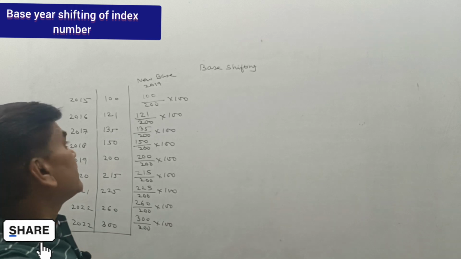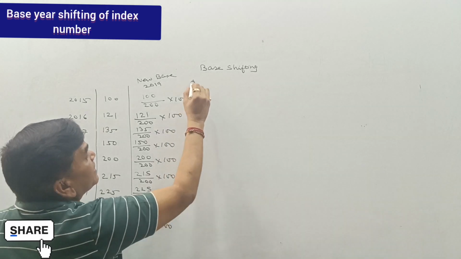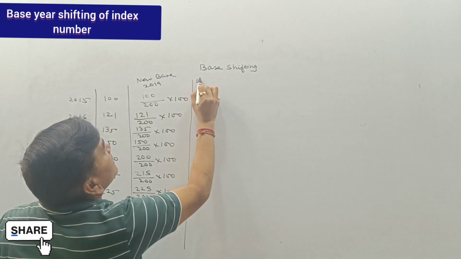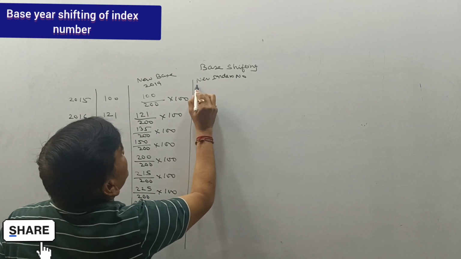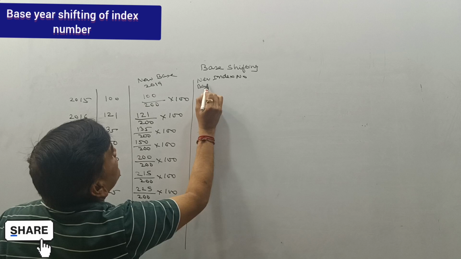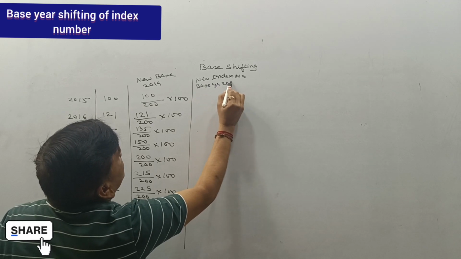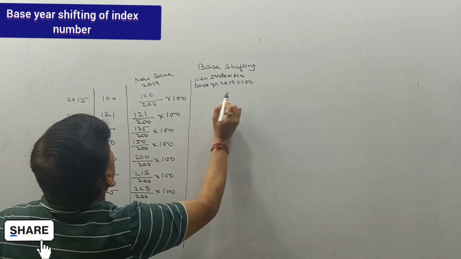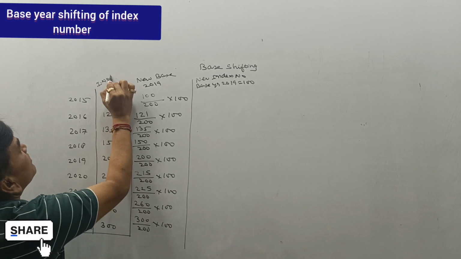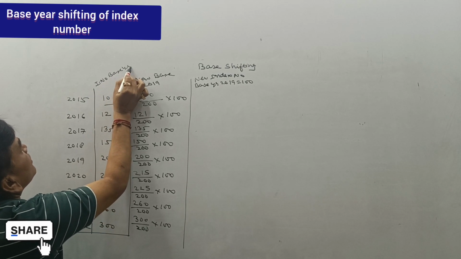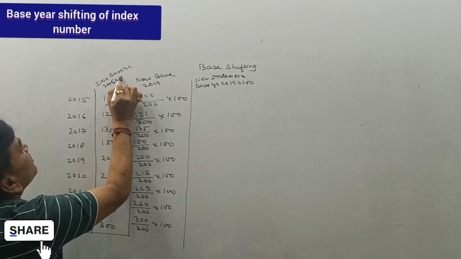So we get the new index number with base year 2019 equal to 100, whereas the earlier index number had base year 2015 equal to 100.